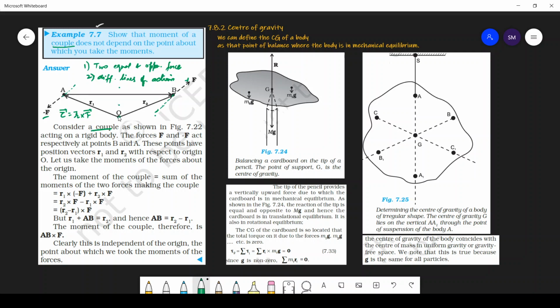What is the position vector from this origin? That is R. So this is R1 cross F. This is your F, and that's your angle. So put your fingers on R and move them towards F. Your thumb will point inwards or outwards. What is the direction of the torque here?